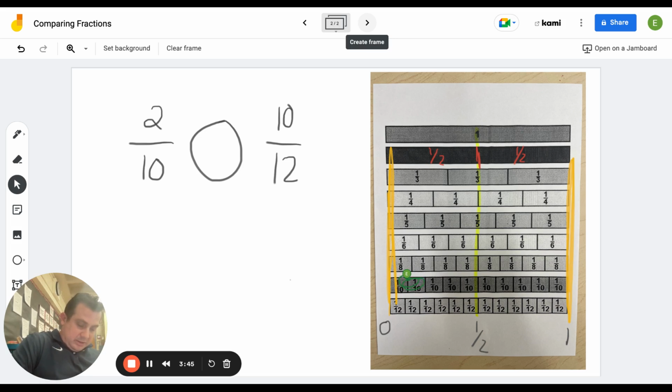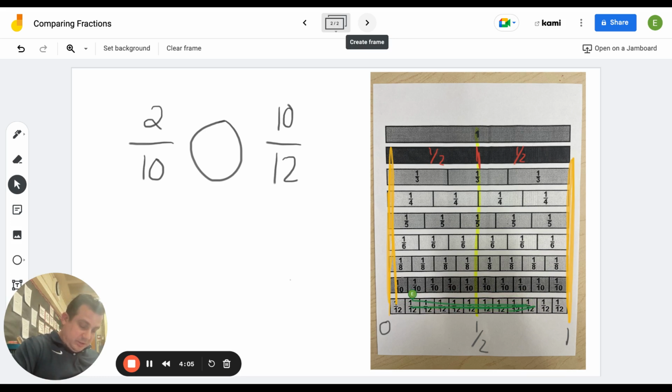And you'll see, I know half would be 5/10. So 2/10 is still closer to 0. And 10/12 is closer to the whole. It's still actually closer to 1 whole.